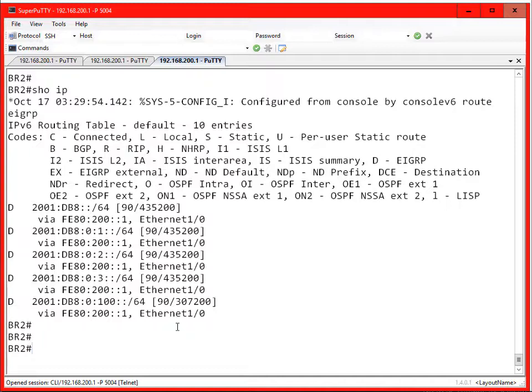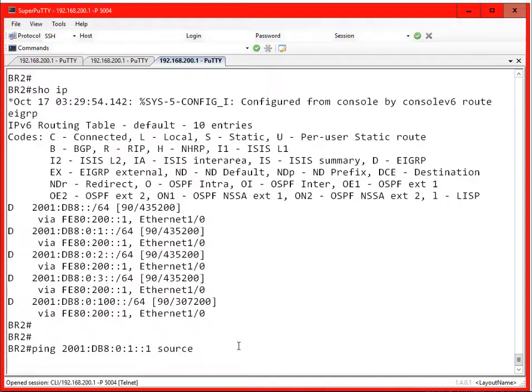All right. So we can do a ping. Let's go ahead and ping one of the addresses on our HQ router, 2001:DB8, not case sensitive, by the way, 1:1, and we do have to specify a source when we're doing a ping. Well, actually, in this particular case, because we're pinging a global unicast address, we technically don't need to specify a source.